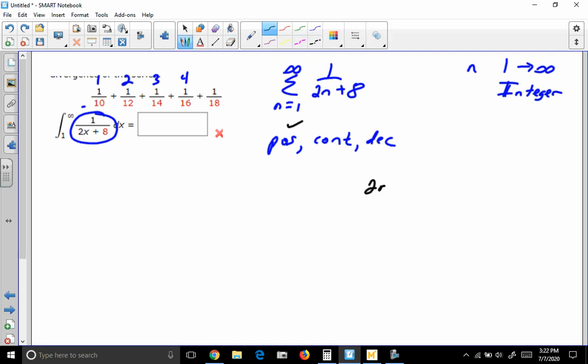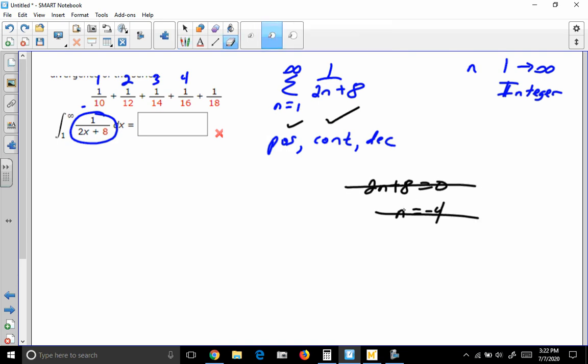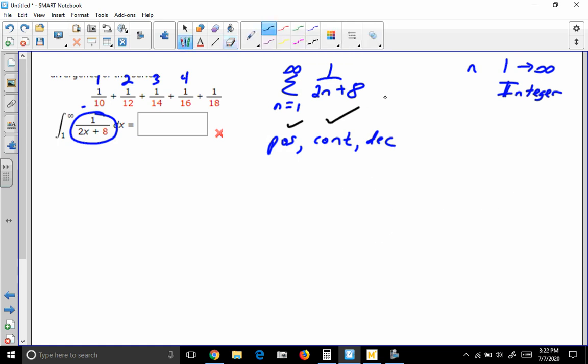It's only discontinuous when the denominator is 0, which is when n equals -4. But -4 is not inside the range that we're using. Our counter starts at 1. So it's continuous. And then we just need to see, is it decreasing?